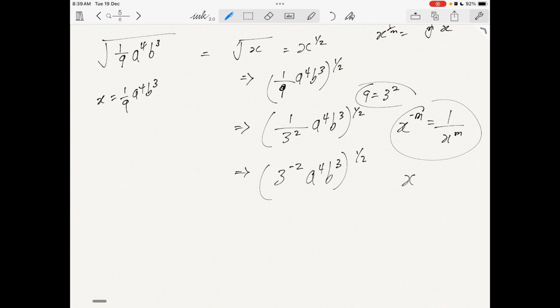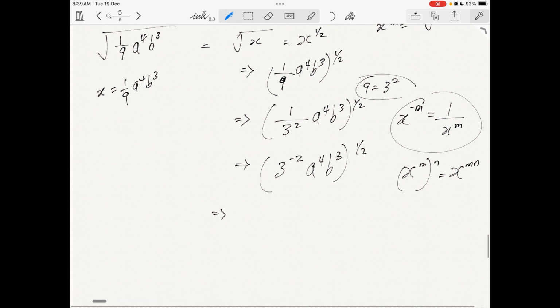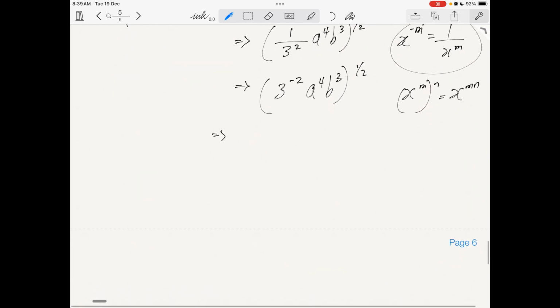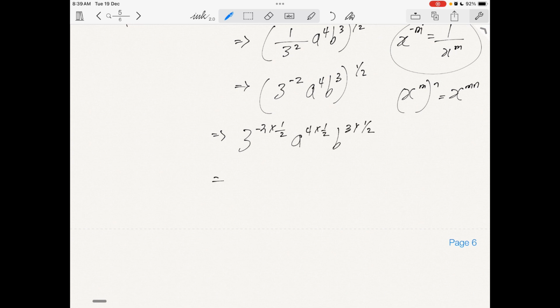Now I can apply my power rule, that's x raised to power m, all raised to power n, is x raised to power mn. So I can have 3 raised to power minus 2 multiplied by 1 over 2, a raised to power 4 multiplied by 1 over 2, b raised to power 3 multiplied by 1 over 2, and this will give me 3 raised to power minus 1, a raised to power 2, and b raised to power 3 over 2.